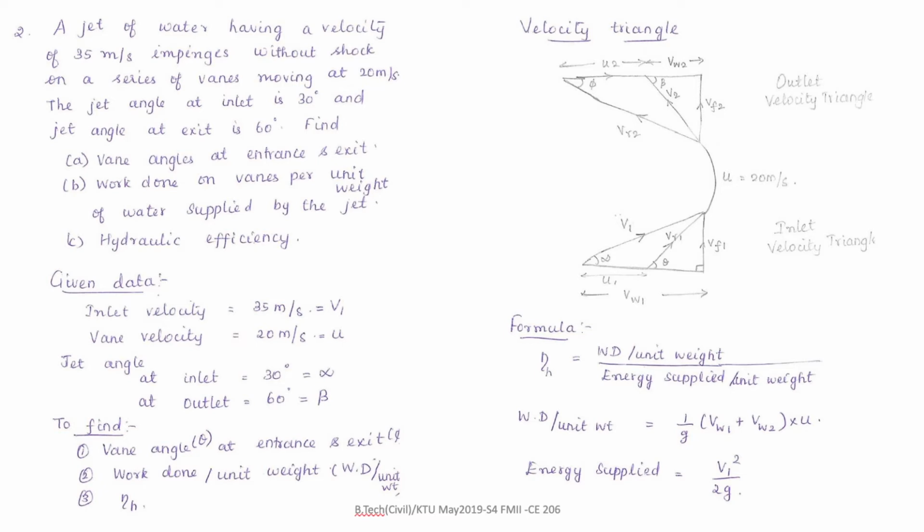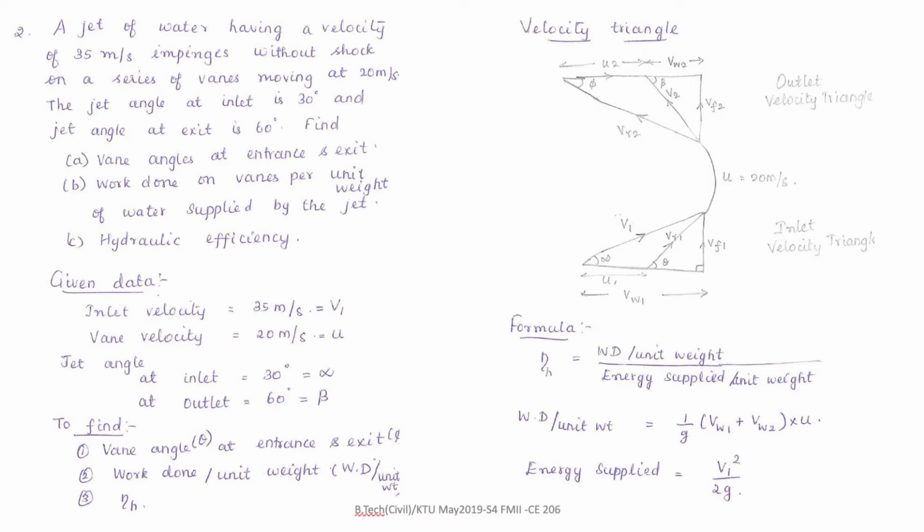So the water is striking the vane with the velocity, the notation is V1, at an angle of alpha, that you have to represent, and the vane is also moving at a velocity of 20 meter per second. So you have to represent it in the inlet velocity triangle as U1. So obviously you will be having the relative velocity, that is VR1.